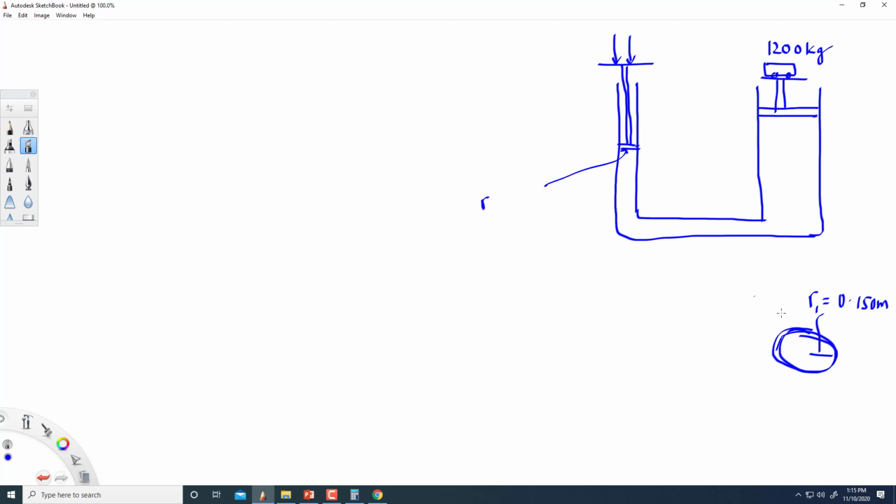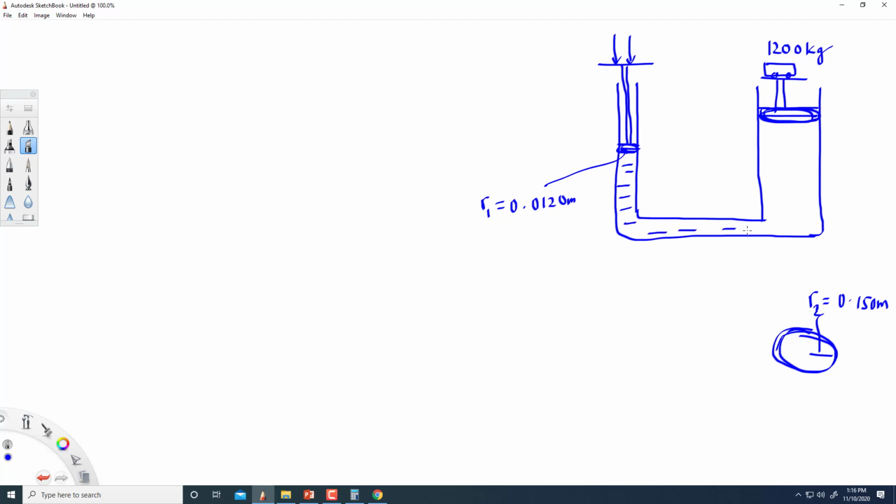and the piston on this input side has the radius, let's call this R2. This is R1. That one has 0.012 meter. Again, it's a cylindrical piston. This is also a cylindrical piston, and this is filled with some kind of liquid.